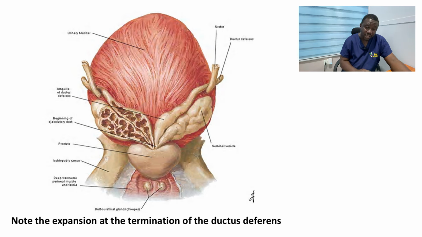If you trace that structure to here, this is the area that we call the ejaculatory duct, where the ductus deferens meets the duct of the seminal vesicle. We call it the ejaculatory duct, and the ejaculatory duct opens into the prostate. So from the ejaculatory duct, we have the seminal vesicles secreting fluid into the semen with the sperm cells. The seminal vesicle secretes around 60 to 70% of the fluid.